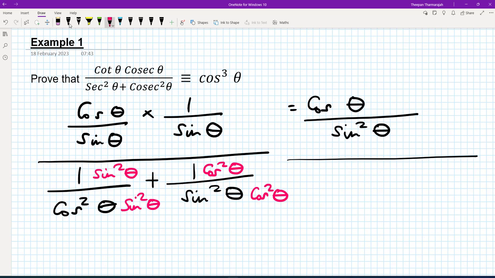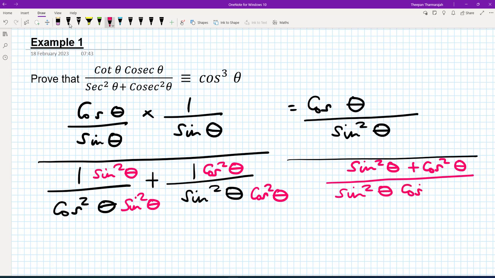So what I end up with is sine squared theta plus cos squared theta all divided by sine squared theta cos squared theta. But we know that sine squared theta plus cos squared theta is 1.